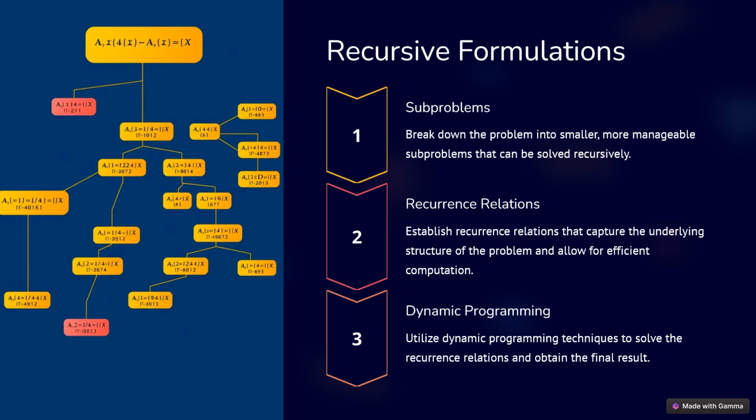The recursive formulation is divided into three methods which can be solved step by step. Subproblems divide the problem into smaller ones for manageability, recurrence relations capture the underlying structure of the problem allowing efficient computation, and dynamic programming solves the recurrence relations to obtain the final result.